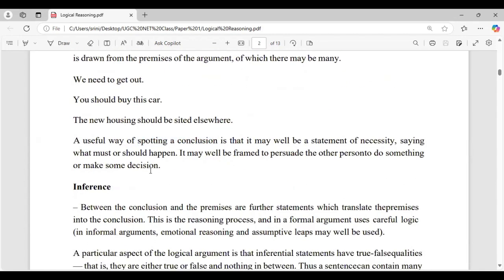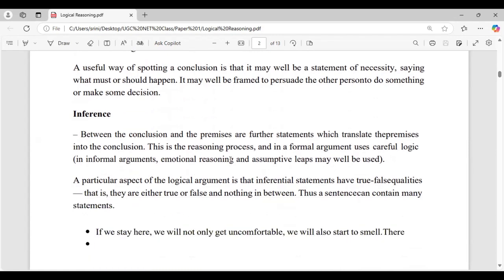A useful way of spotting a conclusion is that it may well be a statement of necessity, saying what must or should happen. It may well be framed to persuade the other person to do something or make some decision. Between the conclusion and the premises are further statements which translate the premises into the conclusion.